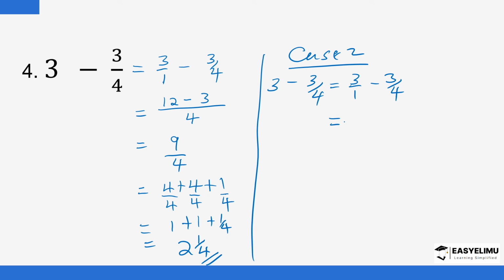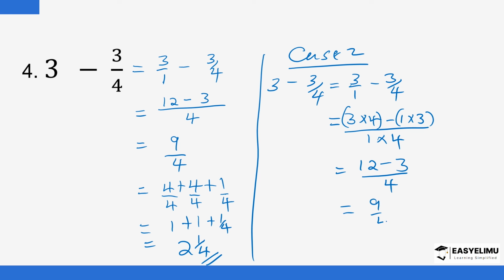Here we use cross multiplication, where you multiply 3 and 4, so 3 by 4 minus 1 by 3. Then you remember to multiply the denominators, which is 1 and 4. So that is 12 minus 3 over 4, which is again 9 over 4. And we had proved that this 9 over 4 is 2 and 1/4.